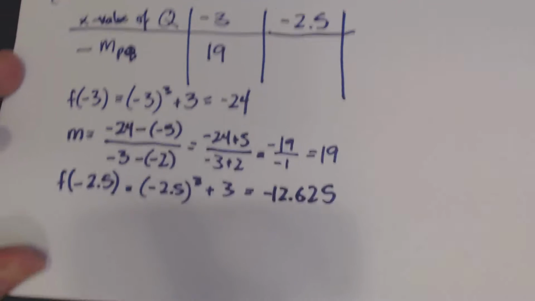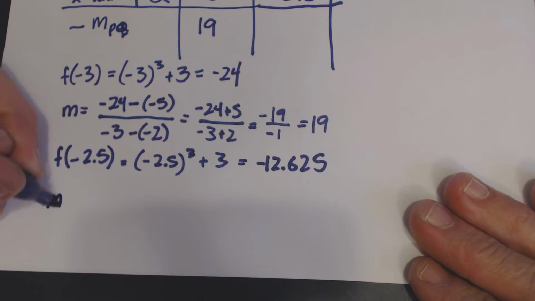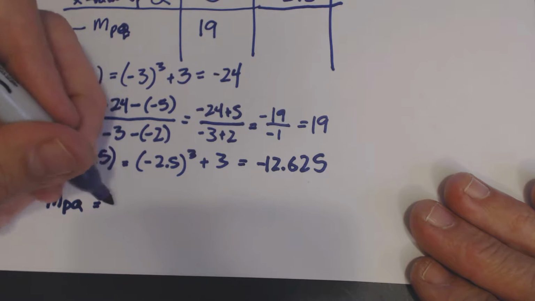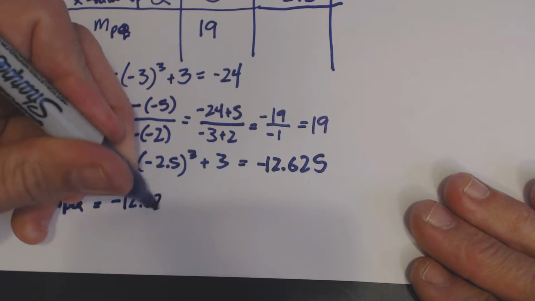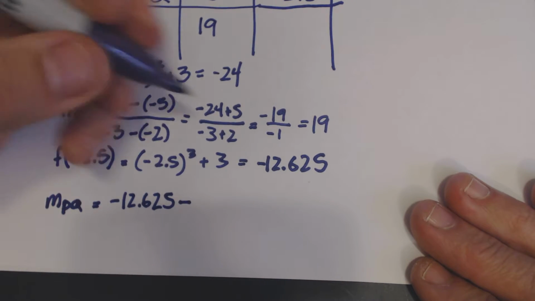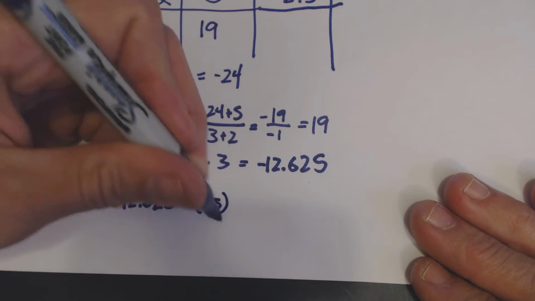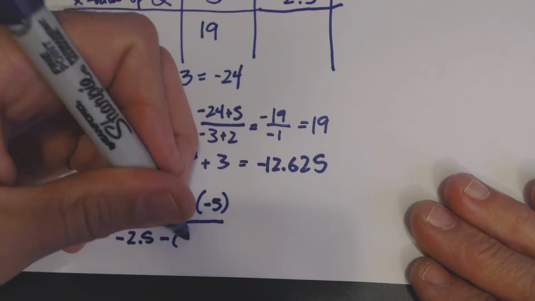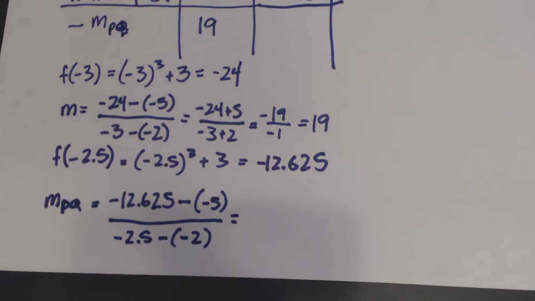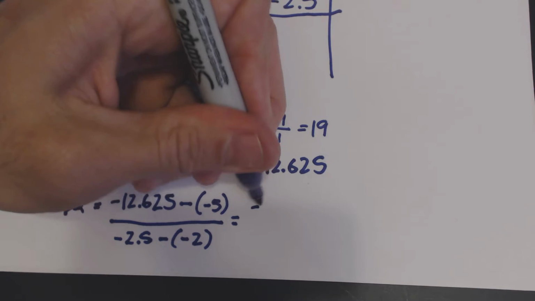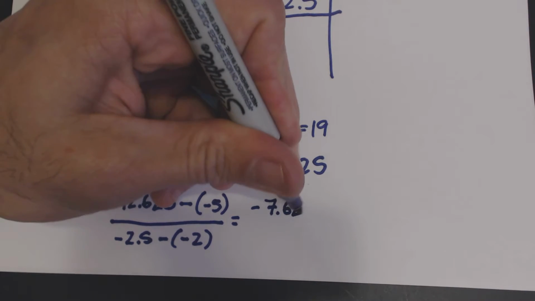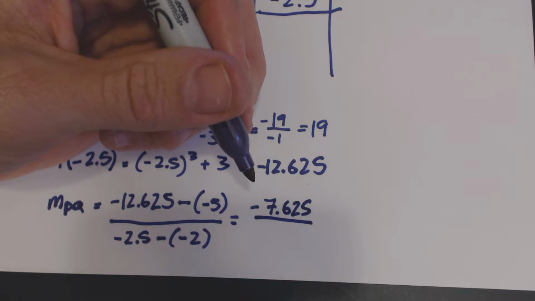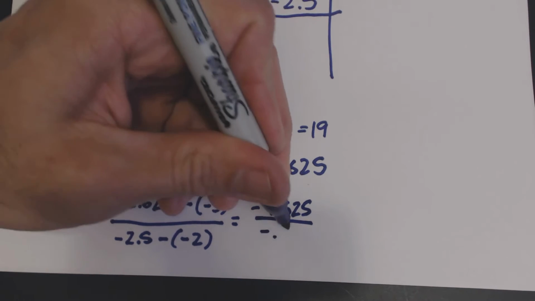So now that we have the y value, we can find the slope of this line, m PQ: -12.625 minus -5 over -2.5 minus -2. And that's going to be -7.625 over -0.5.